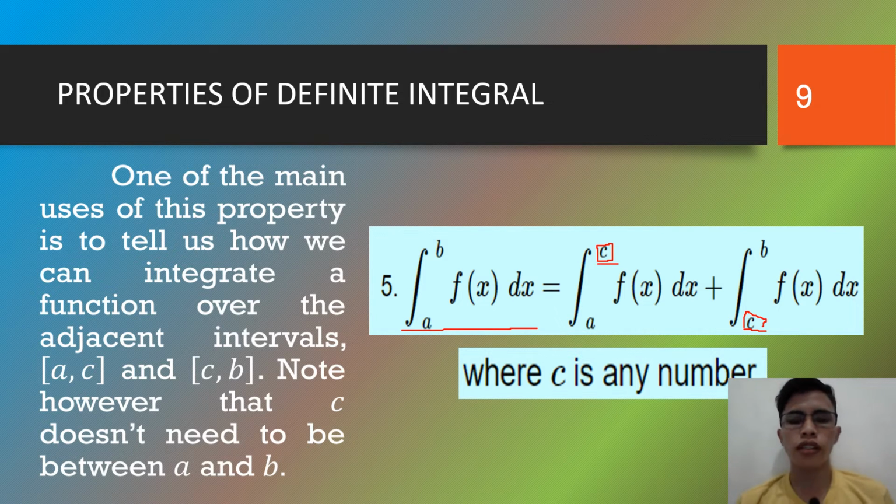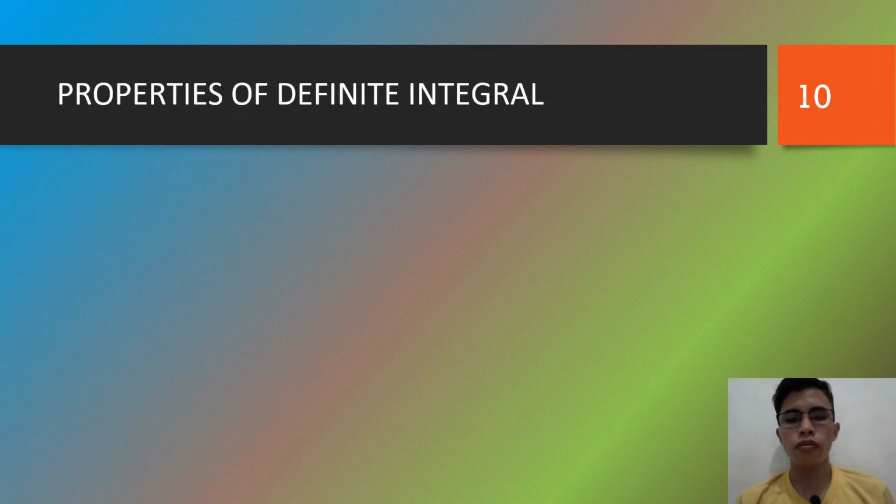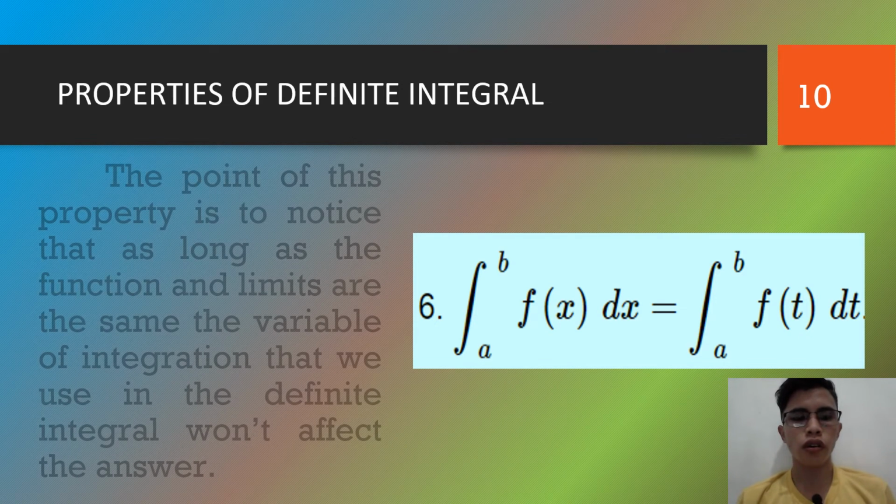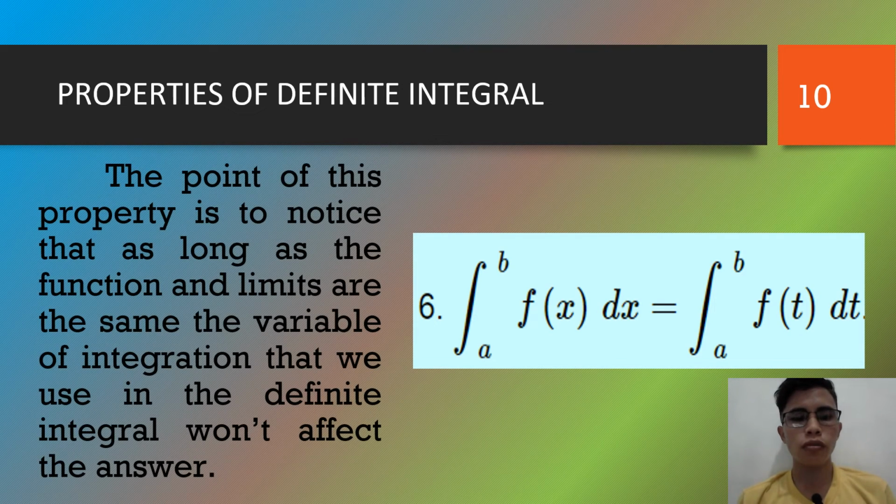Okay, number 6. The point of this property is to notice that as long as the function and the limit are the same, the variable of integration that we use in the definite integral won't affect the answer.